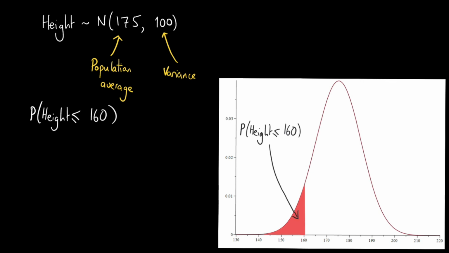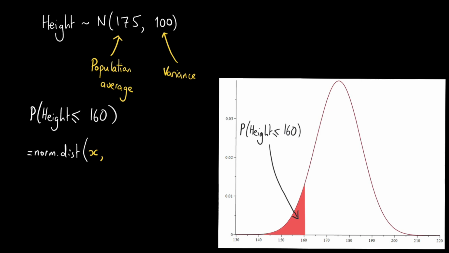The easiest way of calculating this probability in Microsoft Excel is using the formula equals NORM.DIST. Now, this formula can calculate the probability relating to any type of normally distributed variable. So if we want to find the probability of being less than or equal to some value x, we would include the value x that we want to know the probability relating to.